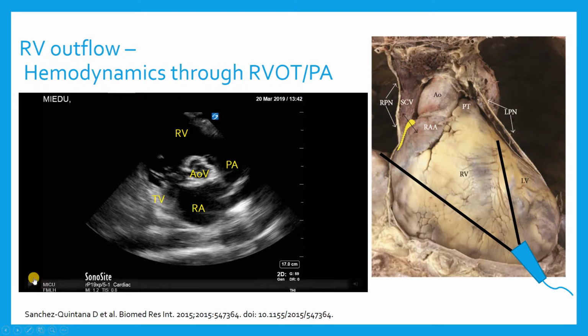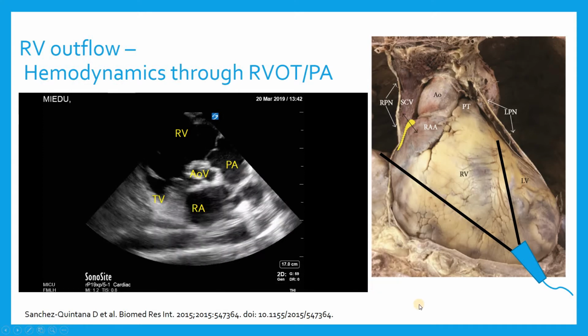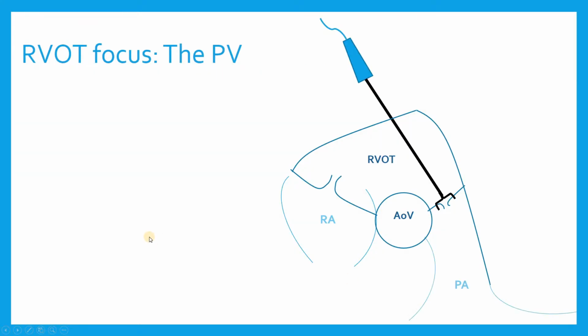In fact, if you were to get this kind of view, you could look at your RV inflow and your TR jet signal, and then you could look at a lot of the hemodynamics through the RV outflow tract, which is what we're going to talk about now. When you're looking at the RV outflow tract, you're really looking at the area right at the level of the pulmonic valve.